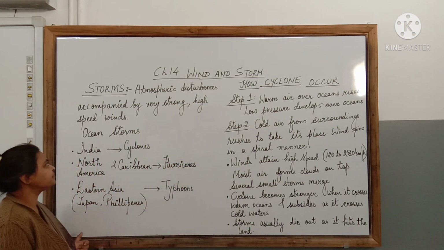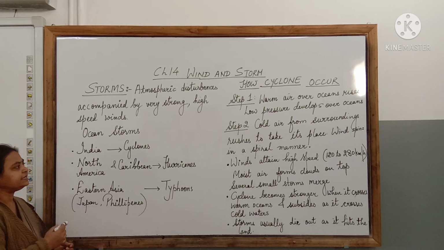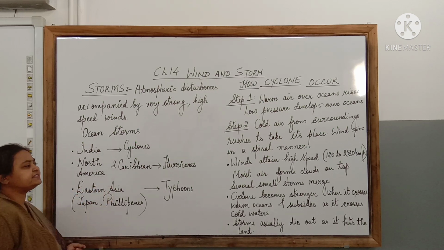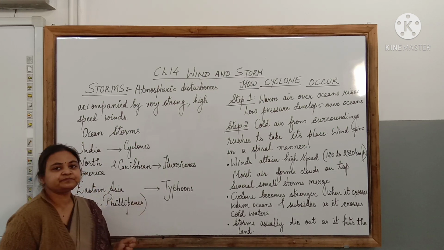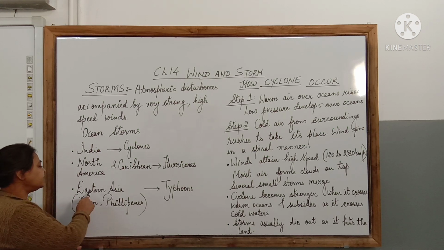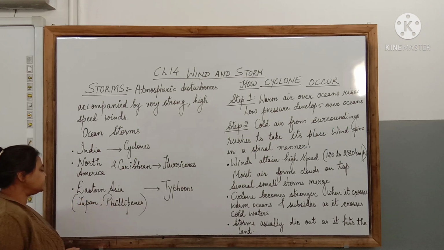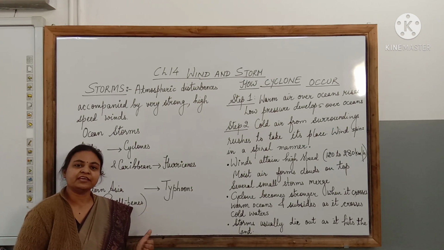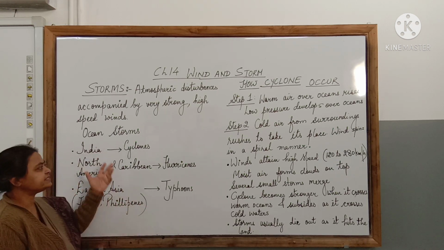Oceanic storms in India are called cyclones, whereas in North America and the Caribbean islands they are called hurricanes. In Eastern Asia, especially in Japan and the Philippines, they are known by the name typhoon. But they mean the same thing.